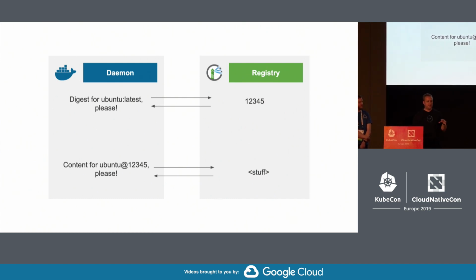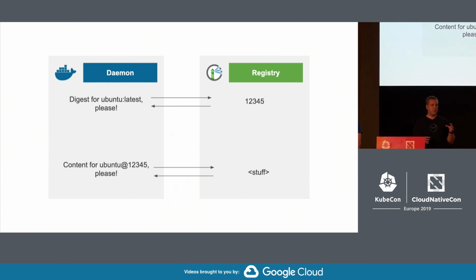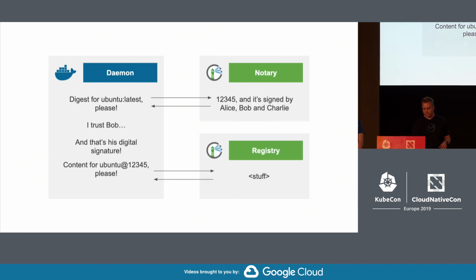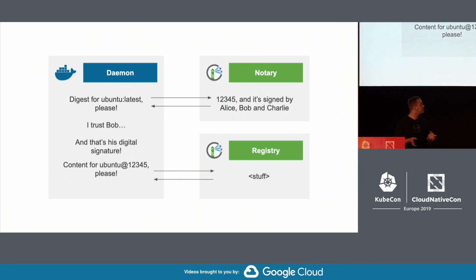Registry provides identity and authorization, but once some data is in the registry, you don't know that the person that actually put that data there is the person that you think it is. By adding Notary into the flow, you go and ask who has proven that that data is the correct stuff.